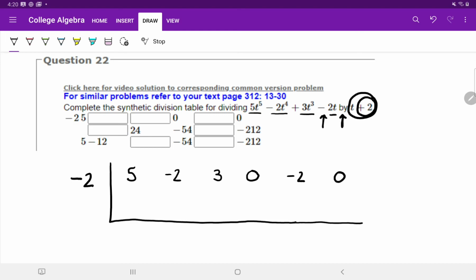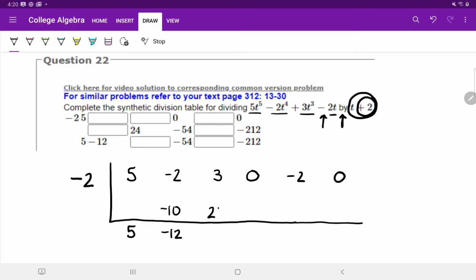Okay, it's time to divide. First, we add 5 to the number below it, but there's nothing there, so we'll just carry that 5 down. Now we multiply negative 2 times 5, and that goes here. Now we add negative 2 plus negative 10. Now we multiply negative 2 times negative 12.